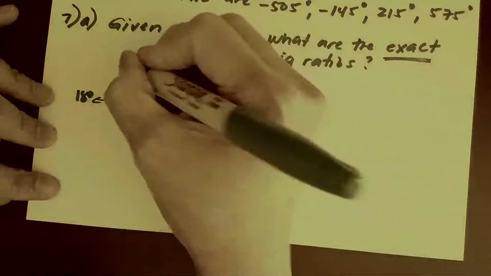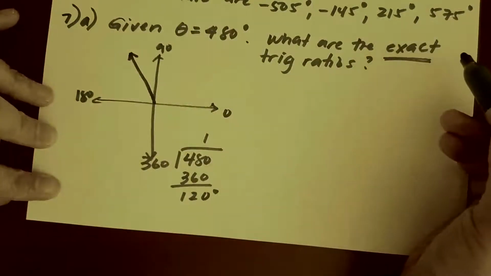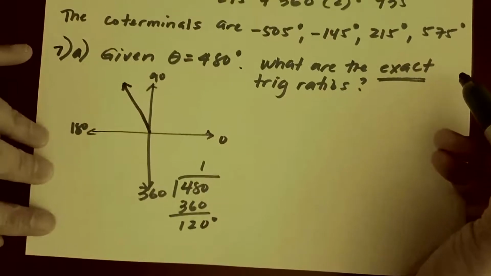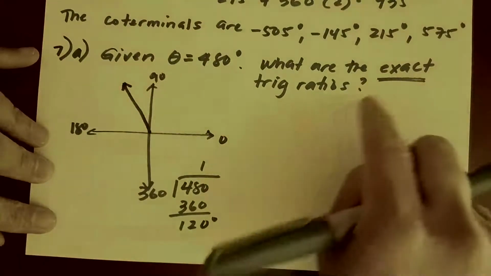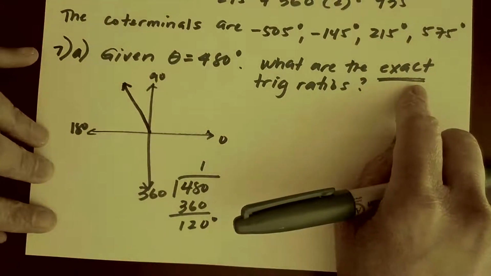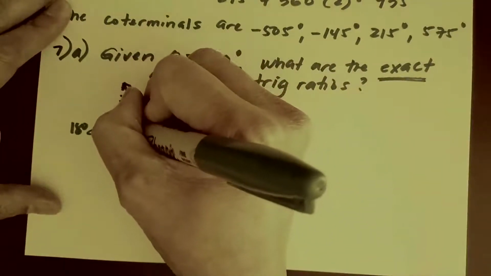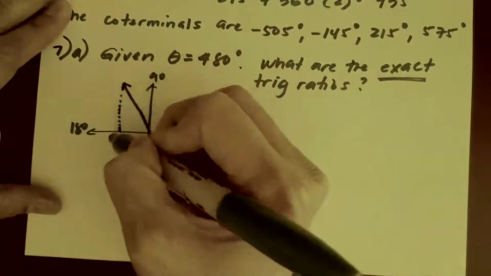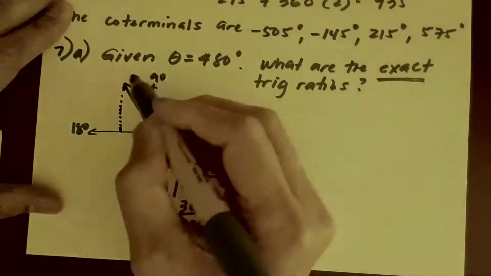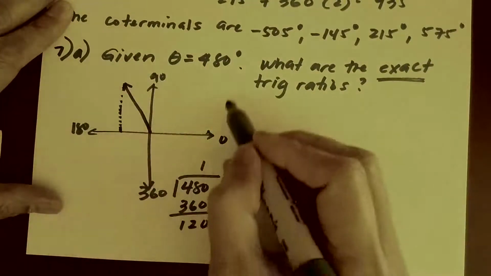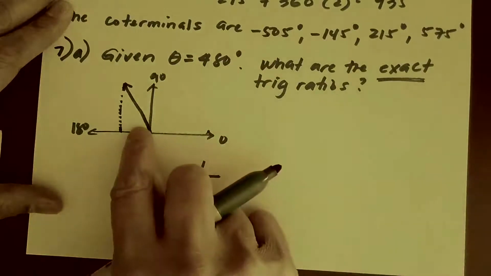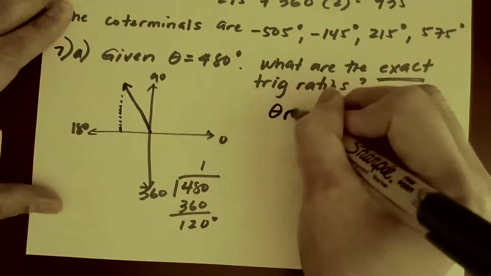Now, because they ask for an exact solution, it must be a special angle. Okay, so we talked about the special angle yesterday. So drop this perpendicular line there, and it's going to be within the unit circle. Our reference angle here.